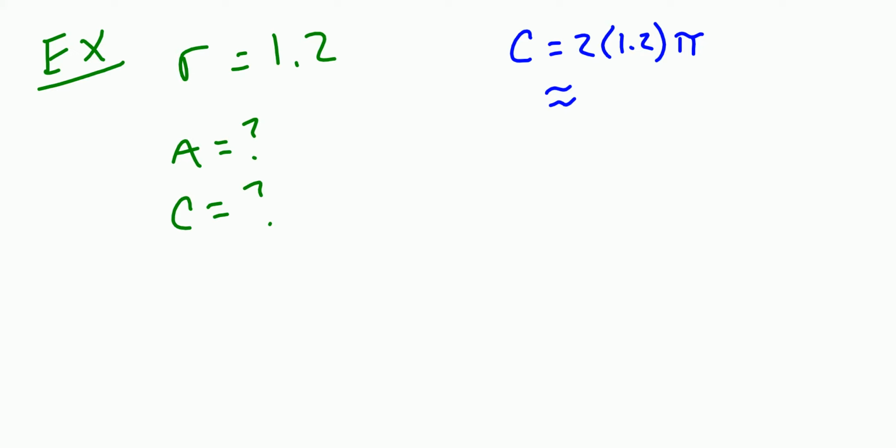So 2 times 1.2 times pi gives us about 7.5. So my circumference would be 7.5. My area would be pi times our radius squared.